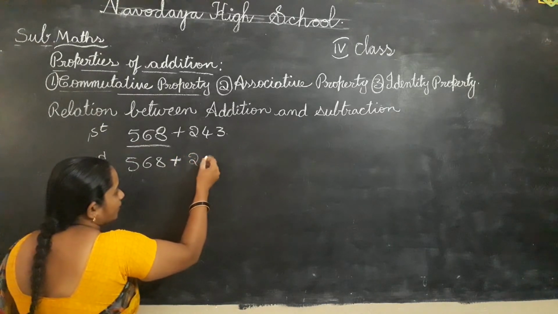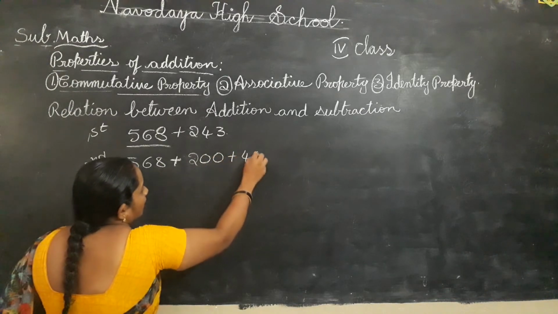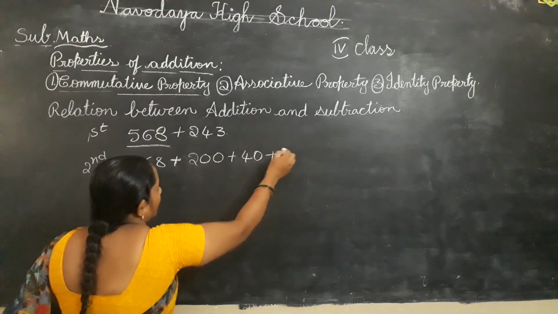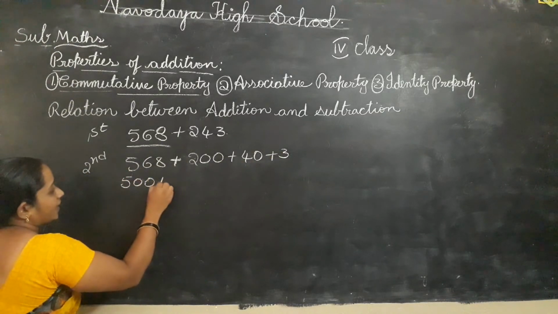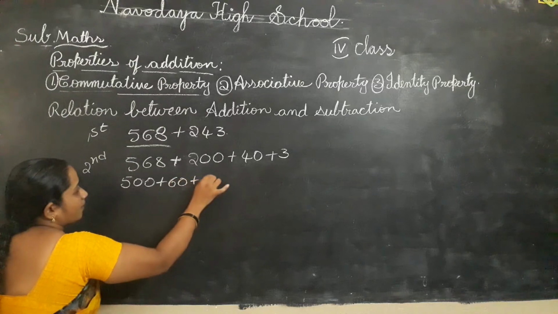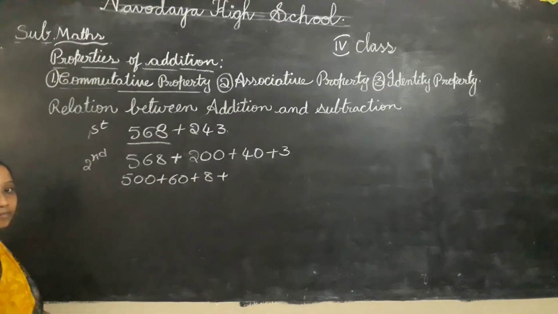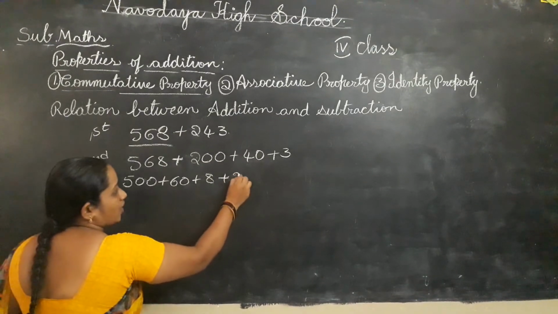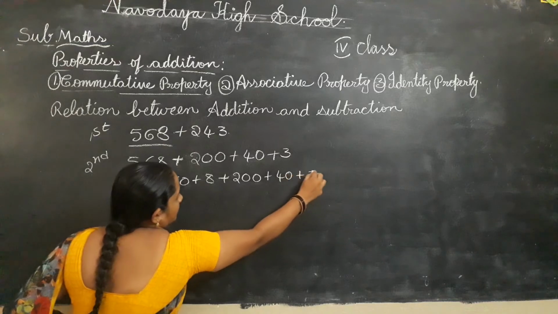So write 243 in expanded form: 200 plus 40 plus 3. And write this number also in expanded form: 500 plus 60 plus 8, plus 200 plus 40 plus 3.